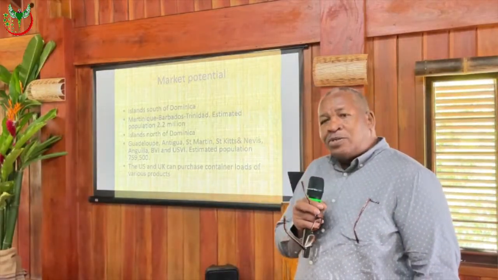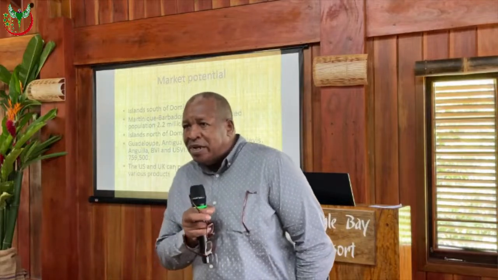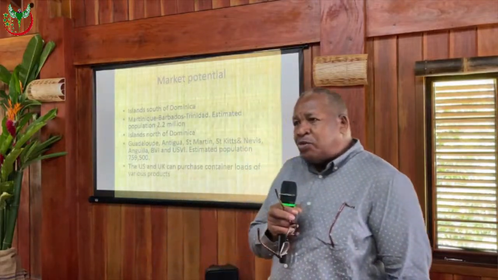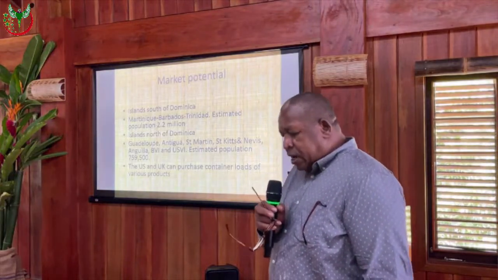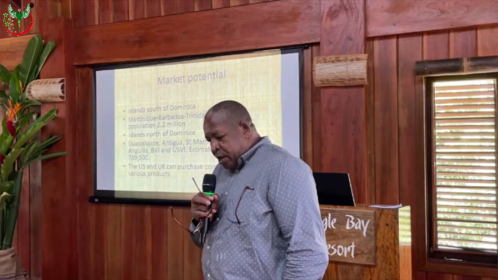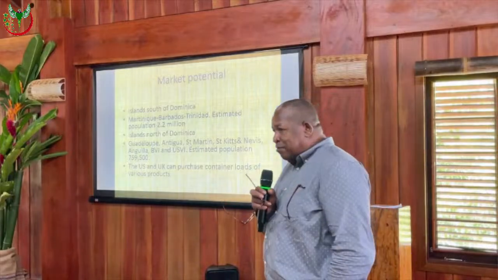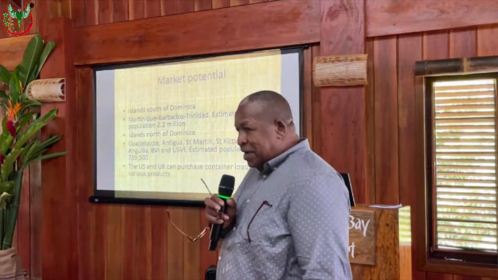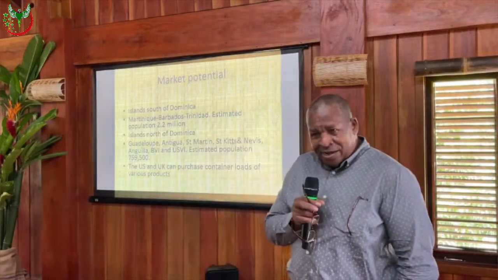And we were talking about population and economic development. If you have a small market, you're going to sell less. I remember a popular hotelier in Dominica said that if I was to go to Antigua, I probably would have 300 to 400 people, and I would sell hundreds of cartons of wine.